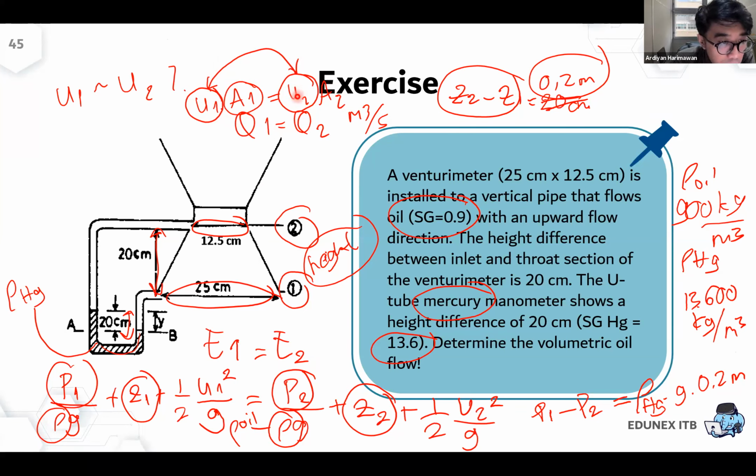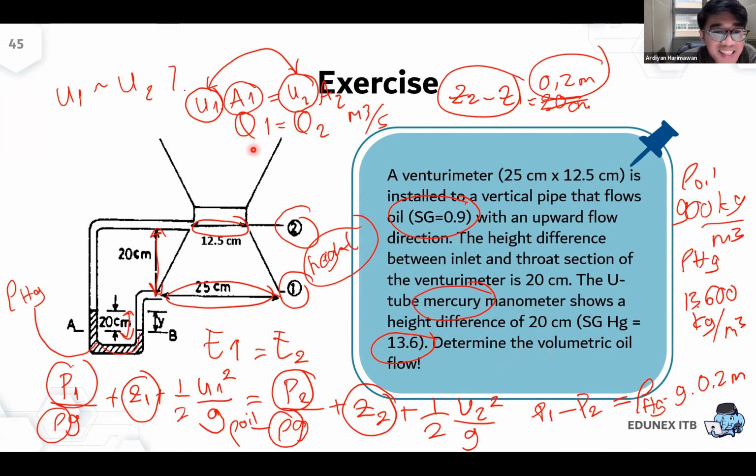Then you substitute U2 as U1, and then you put it in the Bernoulli. Then you get the value of velocity at point 1. If you get the velocity at point 1, you just multiply with the cross-sectional area at point 1, and you get the value of the volumetric flow rate.